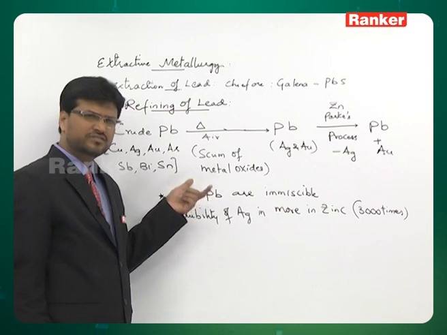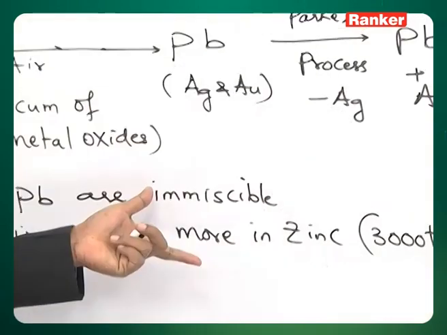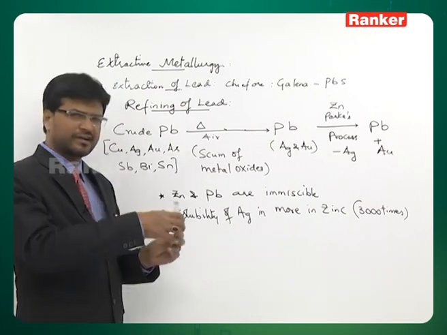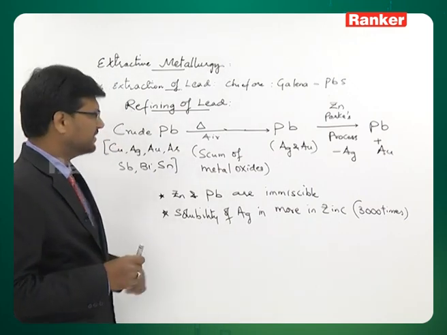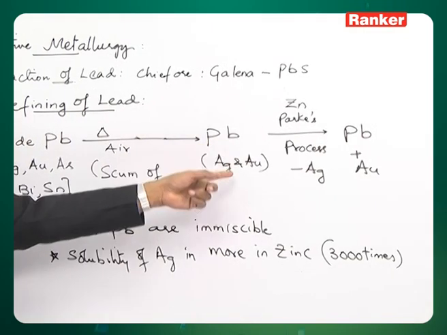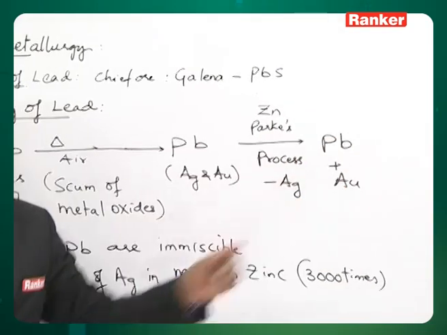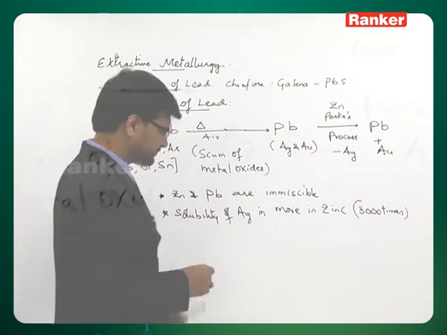These are the 2 points involved in this, which form the principle for the Parkes process. So we can comfortably recover all the silver from the lead and make it free from silver. Now we are to deal with the mixture of lead and gold. Let's see how it is done.